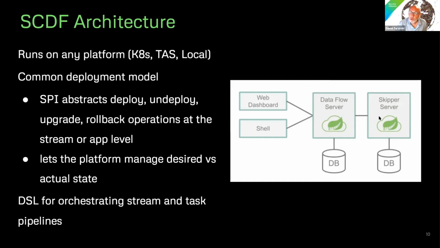For deploying streams, we have a separate server called Skipper, and Skipper keeps track of manifests for stream versions and allows updating and rollback for CI type of operations on streaming applications. And it again keeps the state of stream deployments and various versions of stream manifests in its database.